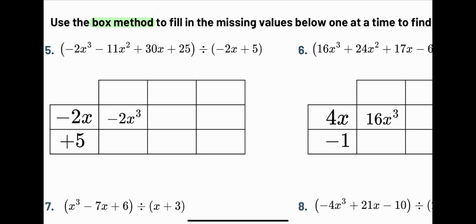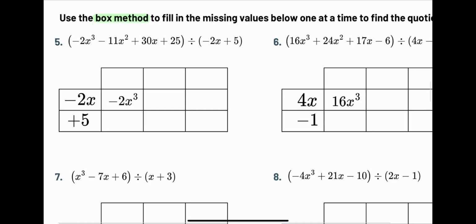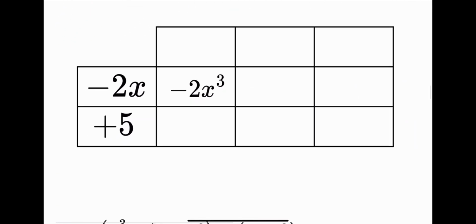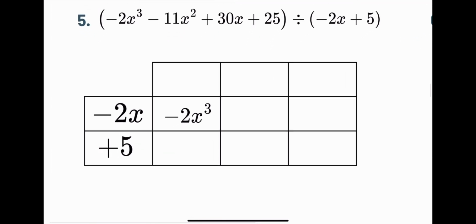This is where that's going to help us out, okay? Because we can fill in this box ourselves. Okay, so looking at the box so far, we have the divisor on the left, negative 2x plus 5. That should be on the left, right, as we know.